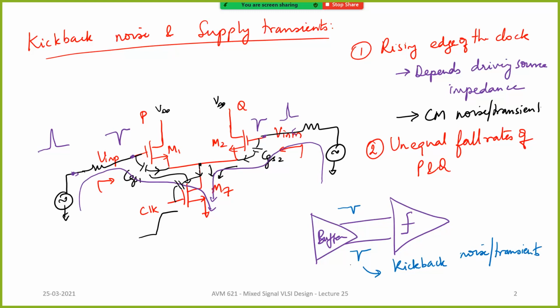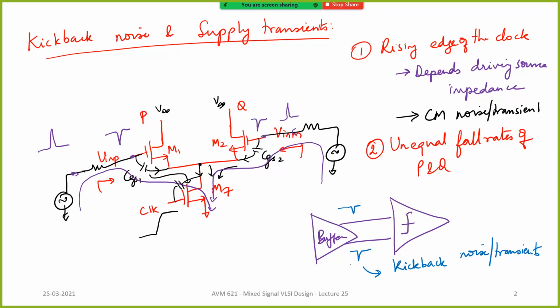After that, one node is going to go towards VDD and the other is going to go to ground. Vx and Vy will go to VDD and ground, and Vp, Vq will fall towards ground at unequal rates.